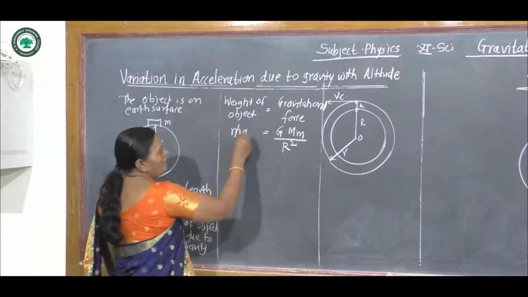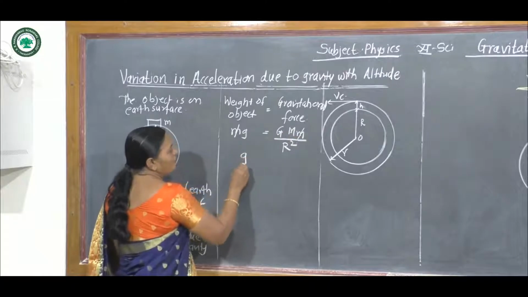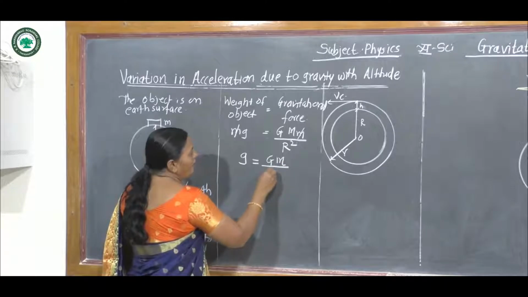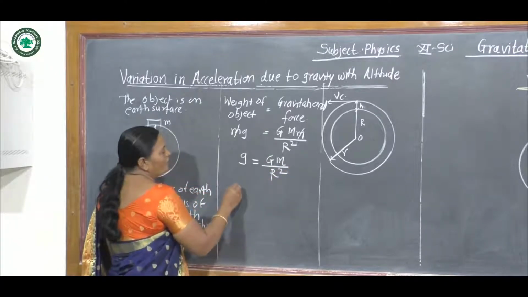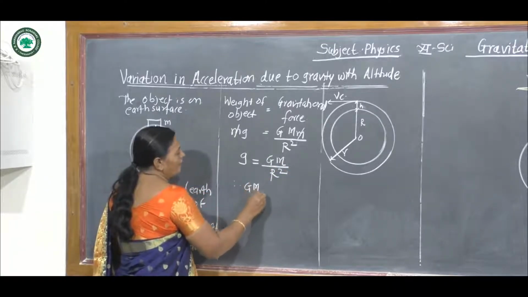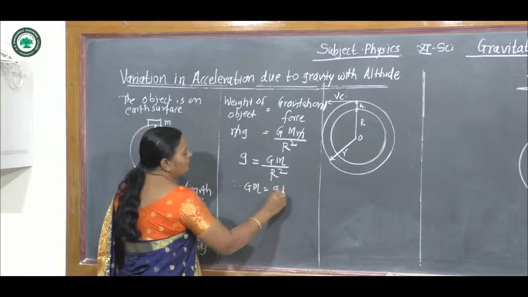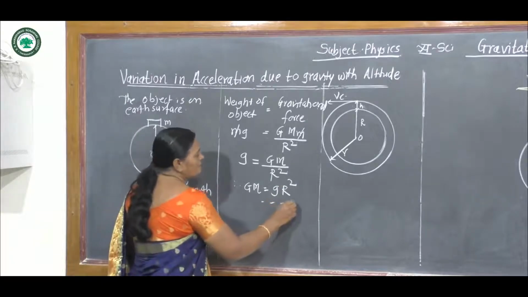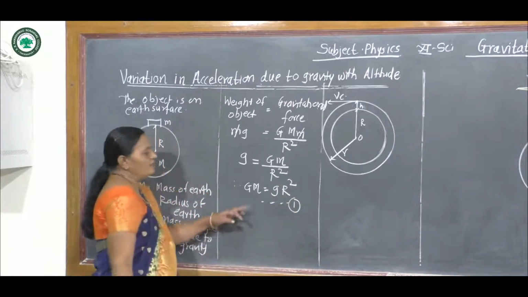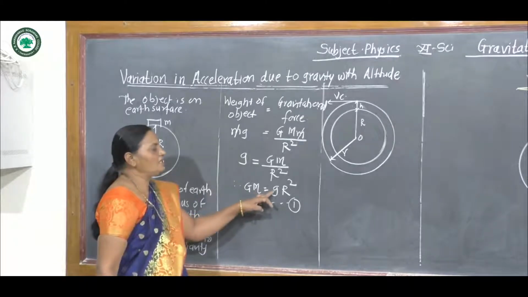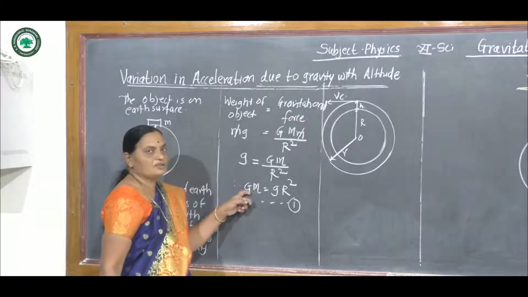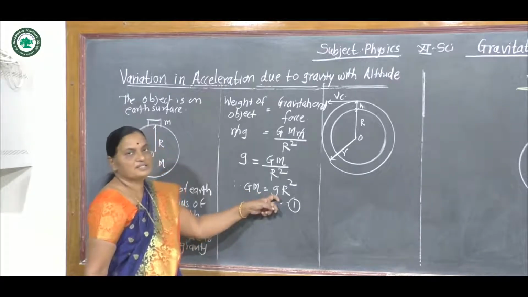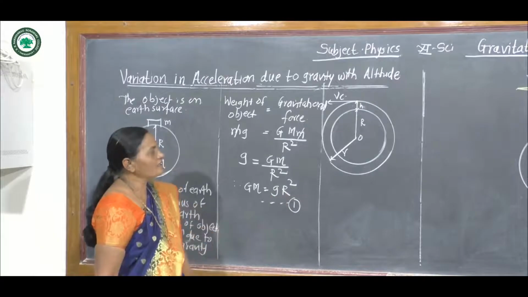From this, GM is equal to g R square. This is equation number 1.